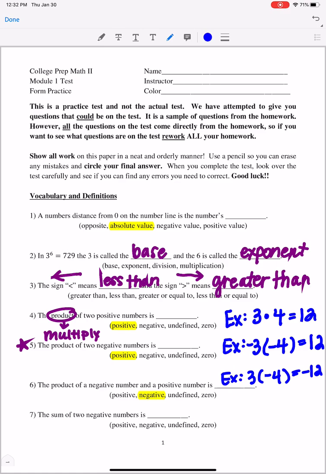Some people will say that's negative because the bigger sign is negative, but that's with adding and subtracting. Even if we switch the signs and do -3 times 4, this is still -12, even though my bigger number is positive. If the signs are the same, your answer is positive. If the signs are different, no matter which number is bigger, it is negative.